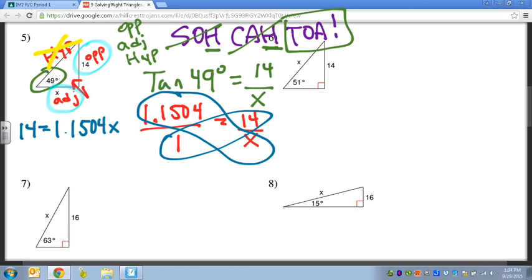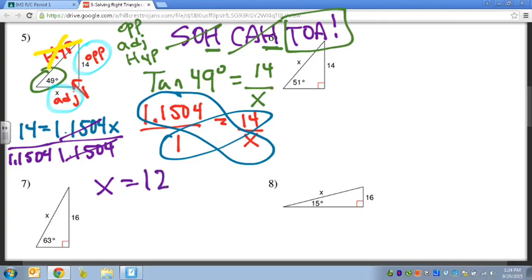To get x by itself, we divide by 1.1504 on both sides. So x equals, on my calculator I'm going to type in 14 divided by 1.1504. And that's going to equal 12.17, or 12.2 if that's what you wanted to do. So x equals 12.2.